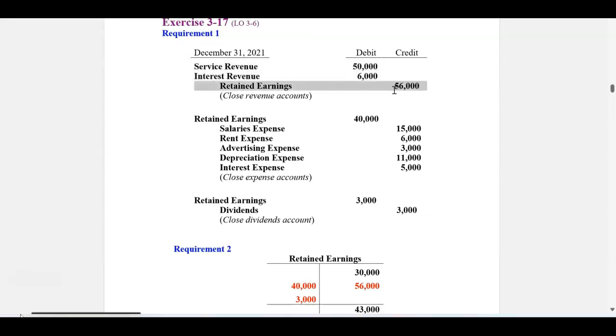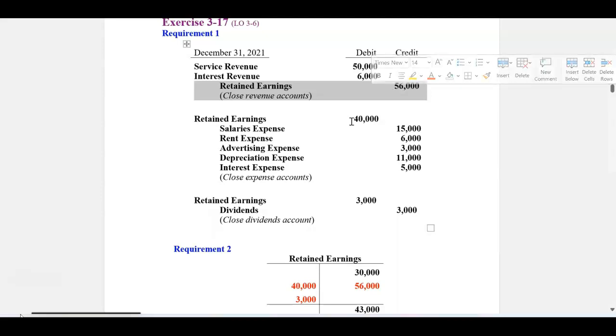Why? Because your book says that since from income summary you're eventually going to put it in retained earnings, that's an extra journal entry, so let's skip that extra journal entry. That's fine. So put it in retained earnings directly. Any questions on how to close revenues?